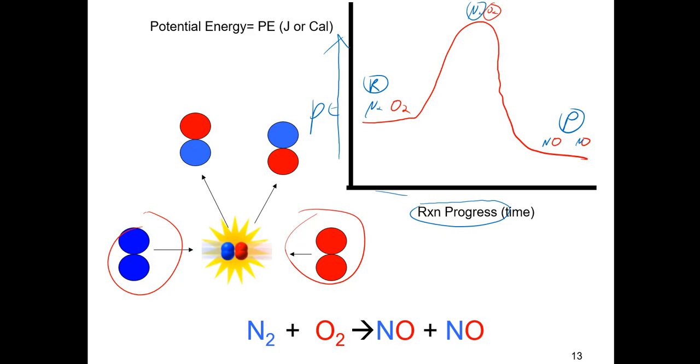The point at which they collide we call the transition state. The amount of energy required to activate the chemical reaction we call the activation energy, and that comes from the energy of the colliding particles. And the potential energy is the amount of stored energy.